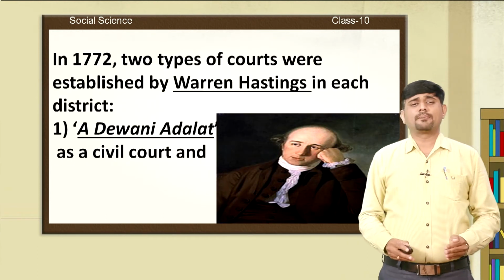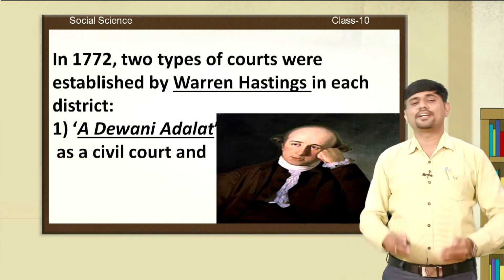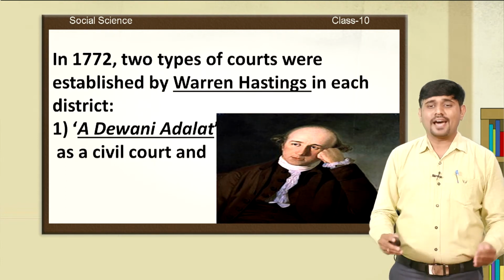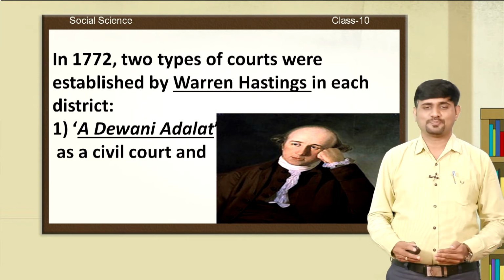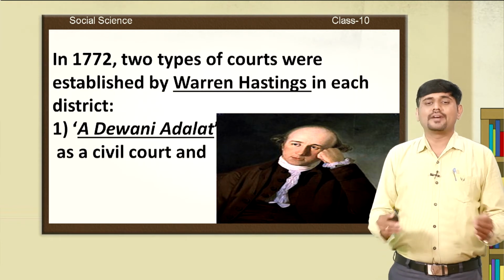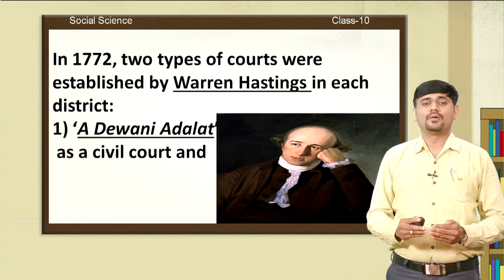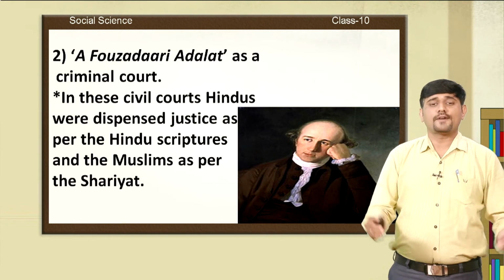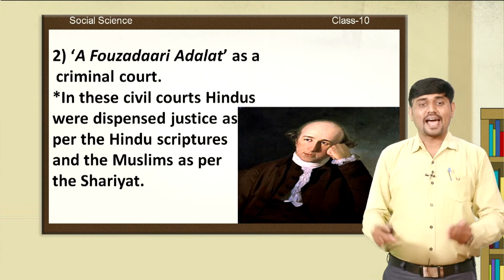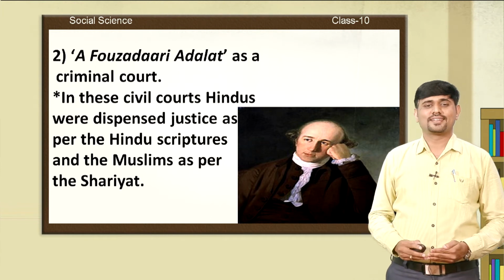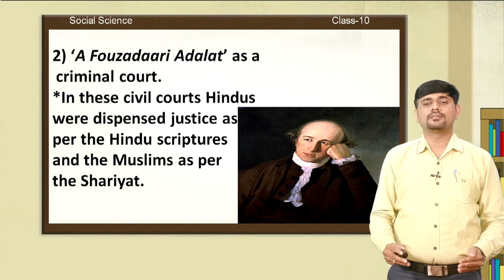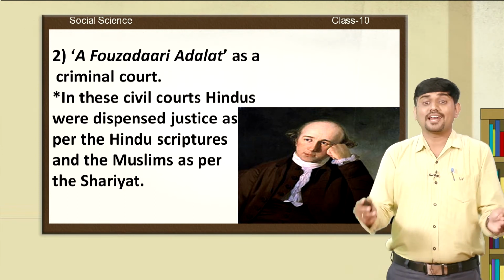Followed by that development, in the year 1772, two types of courts were established by Warren Hastings in each district. One court is called a Diwani Adalat, which is also called a civil court. The other court is the Fauzdari Adalat, a criminal court. These two types of courts were introduced at the district level by Warren Hastings.